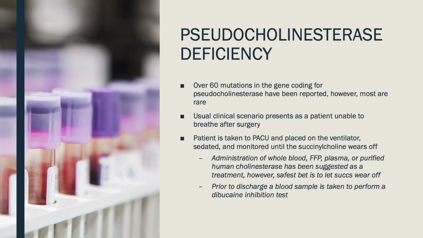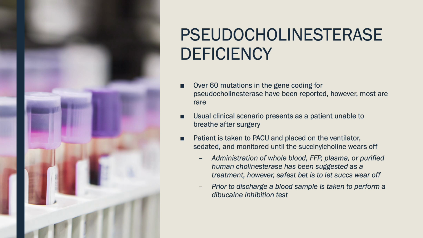However, management of the patient is placing them on a ventilator, allowing the drug to wear off, and sedating them, okay, because they can be awake and paralyzed. Administration of fresh frozen plasma or human cholinesterase has been considered, but rarely is that ever given. You normally just let sux wear off. And normally you want to have a dibucaine inhibition test performed afterwards, okay?